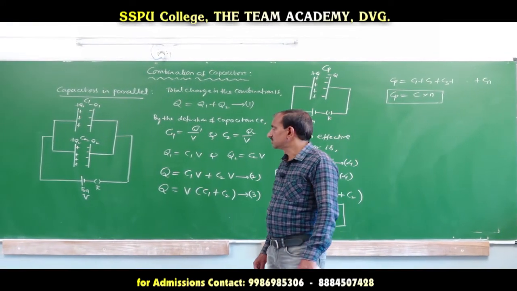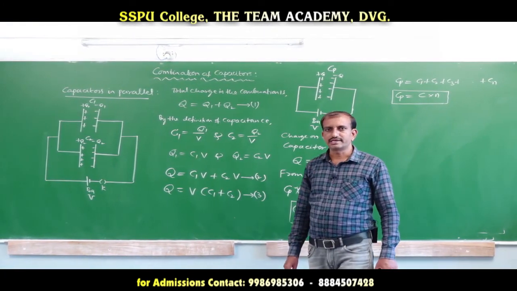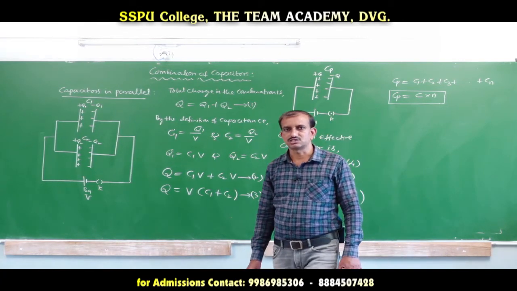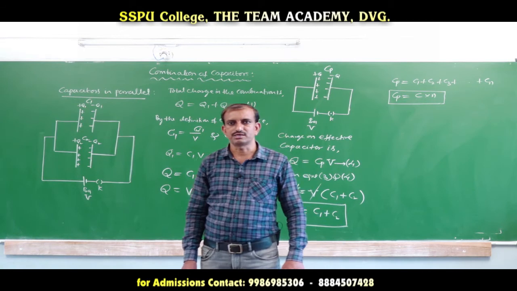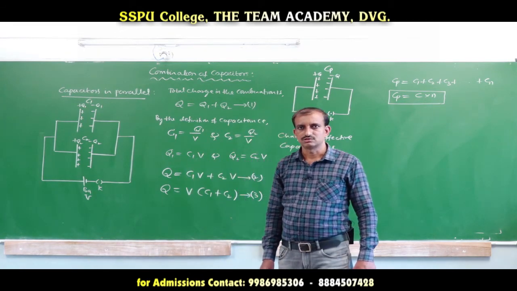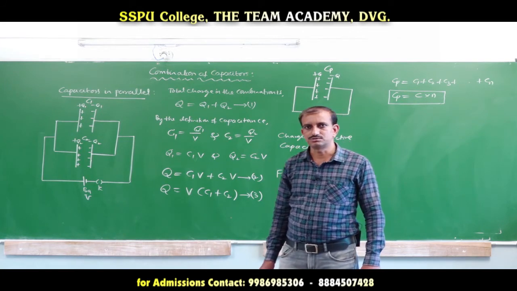Therefore, to have a small capacitance, we must connect the capacitors in series. To have a large capacitance, we must connect the capacitors in parallel. So, this is about the combination of capacitors.